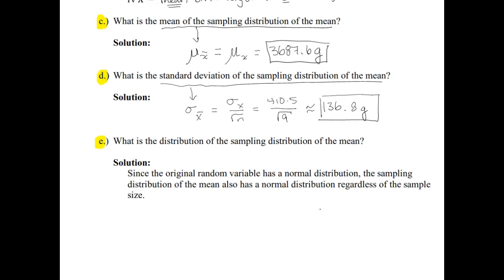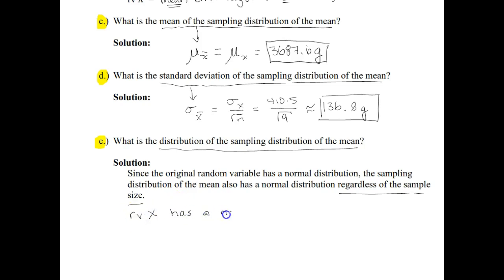All right, so part E now says what is the distribution of the sampling distribution of the mean. So in this case, our original random variable has a normal distribution, so the sampling distribution of the mean also has a normal distribution, regardless of the sample size. So in this case, we were given the random variable x.